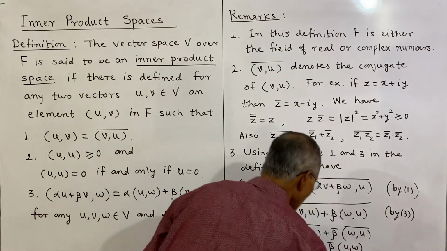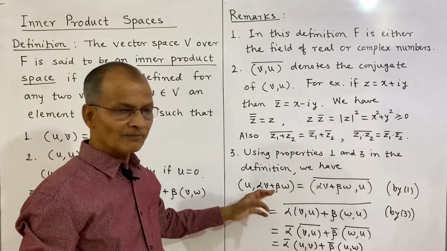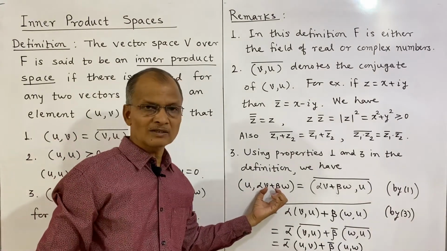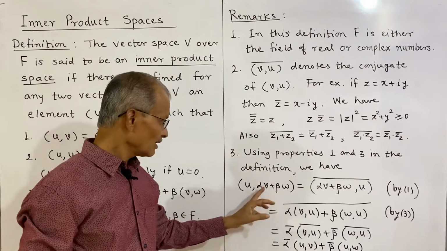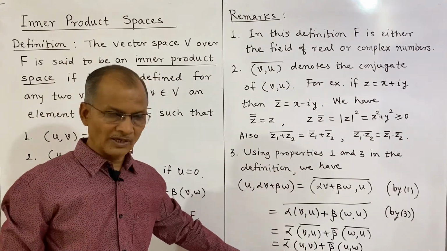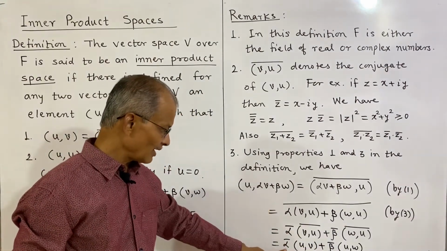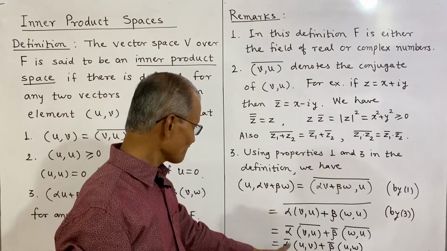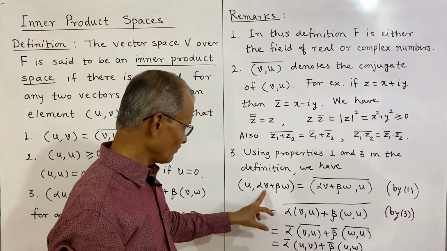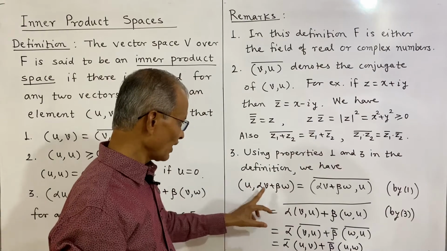And now you can see, if this combination is in the second vector, then these alpha and beta become conjugates. If you write them outside, on the right side, alpha becomes alpha bar, or conjugate of alpha, inner product of u and v, plus conjugate of beta, inner product of u and w.